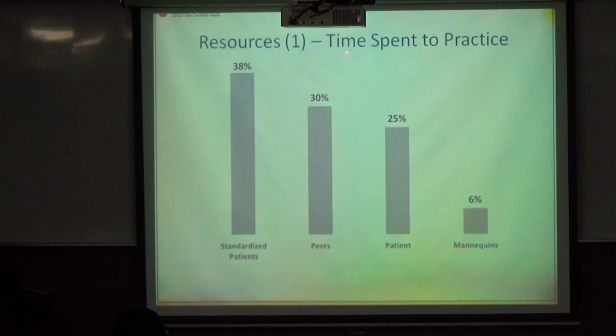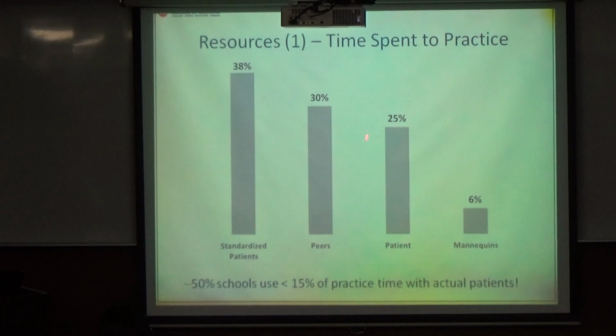If we look at time spent to practice, most of the students practiced with standardized or simulated patients, about 38%. They also practiced with their peers, so peer-to-peer student practice. With real patients, it was about 25%, so a bit less, and then with mannequins and other simulators it was far less, about 6%.